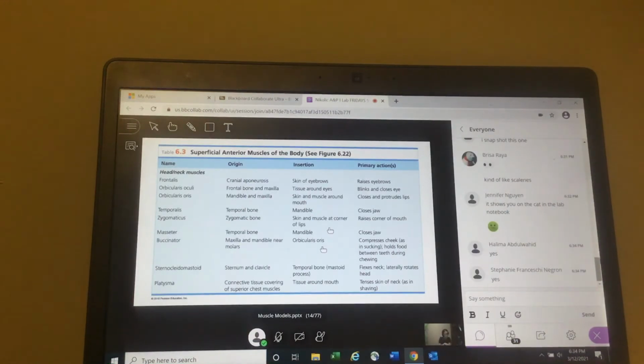However, if you look on the blue box on page 101, it says for the 3 star or 3 asterisks, you have to know the origin, insertion, and function. So you got to get to making this box, right? But not for everything. Only for the triple star muscles, right?